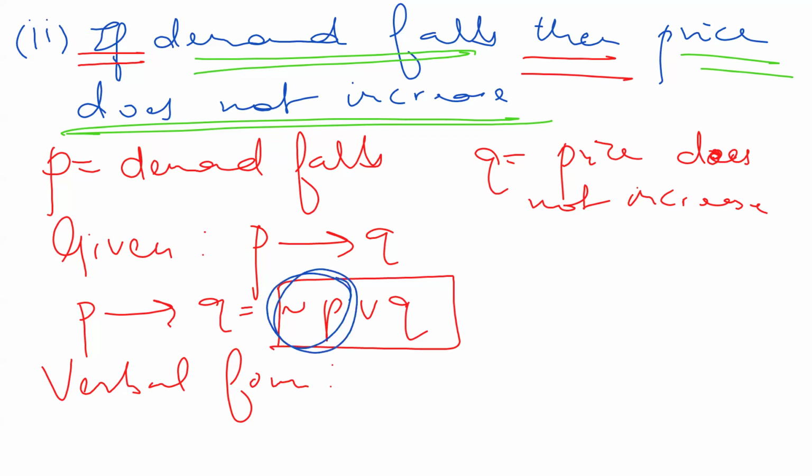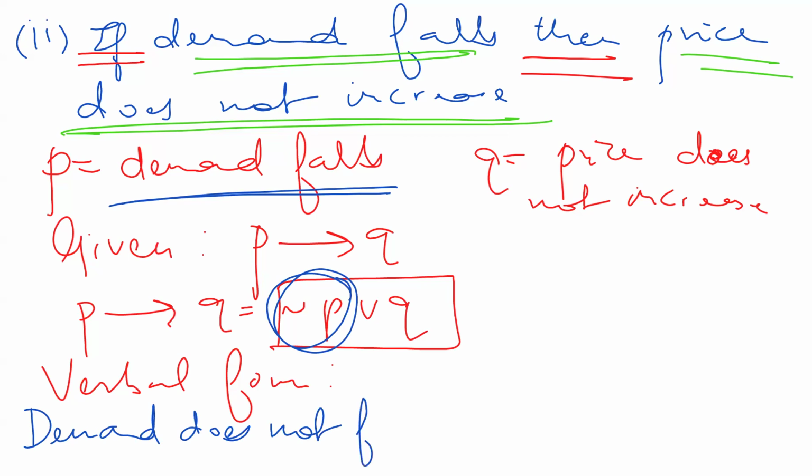Negation P. What is P? Demand falls. So what will negation P be? Demand rises. Does not fall. Rises will also work. What is this, and or or? It said or, right? And Q. What is Q?